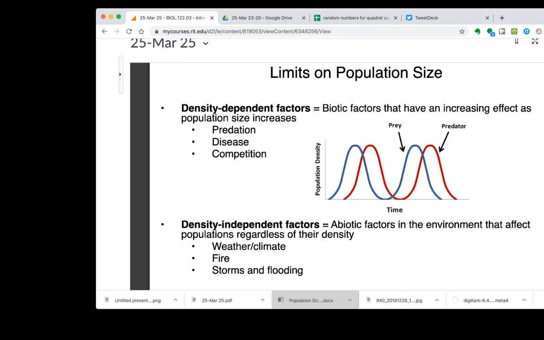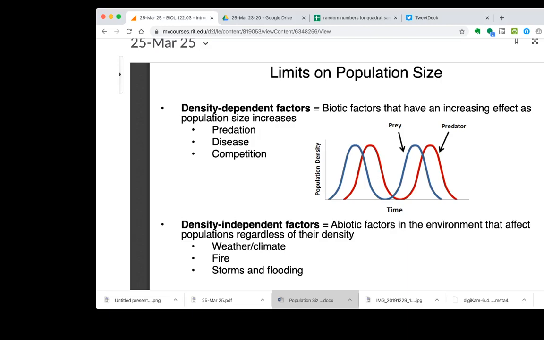So there's more predation if the size of the prey population gets larger, and that predation pressure will drive down the size of the population, which will make it easier for the population to grow again because there's less competition for food. Disease is another example: the higher the density of individuals, the quicker a disease will spread and limit the size of the population.